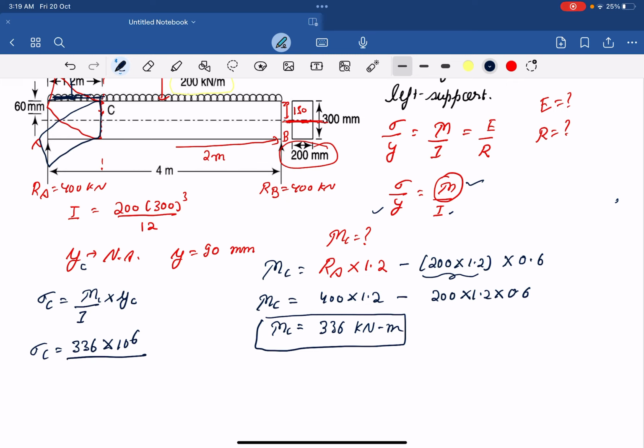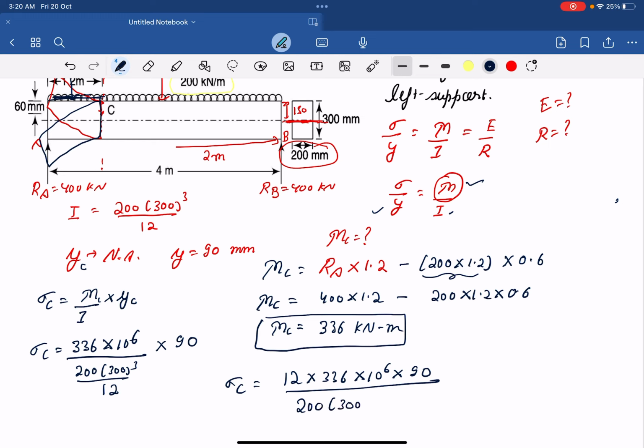Now value of I is 200 into 300 cube divided by 12, and value of y C will be 90, right? So after calculating this, 12 will go up: 336 into 10 to the power 6 into 90 divided by 200 into 300 to the power cube. Now after solving this, you will be getting sigma C, right?